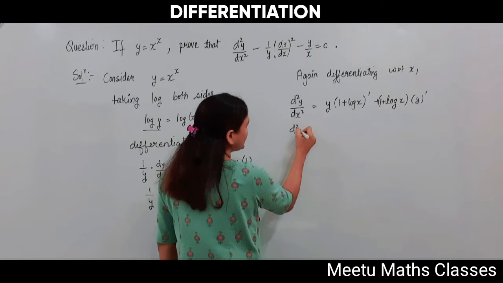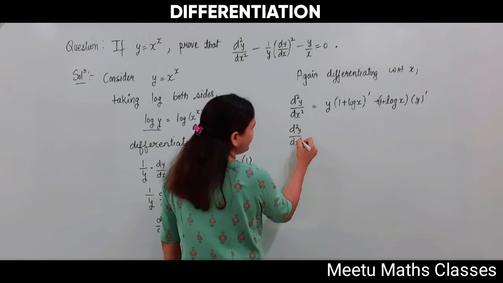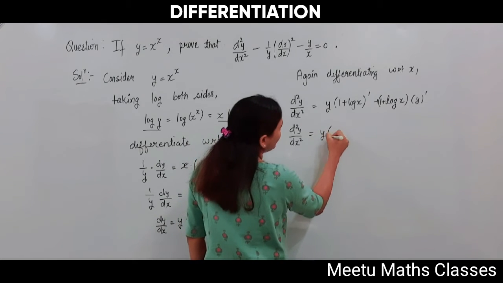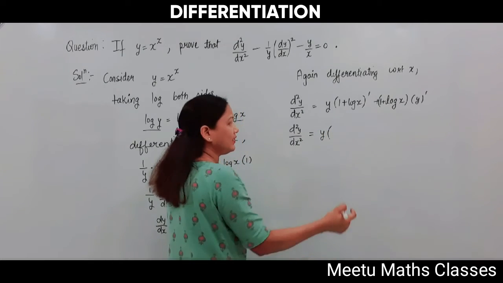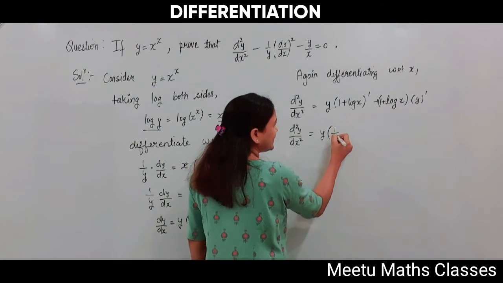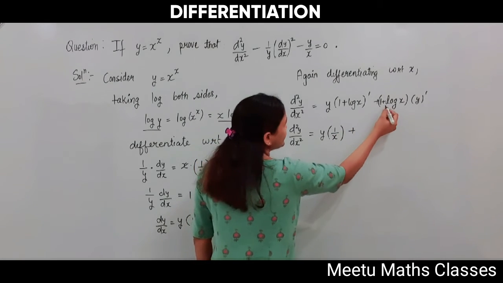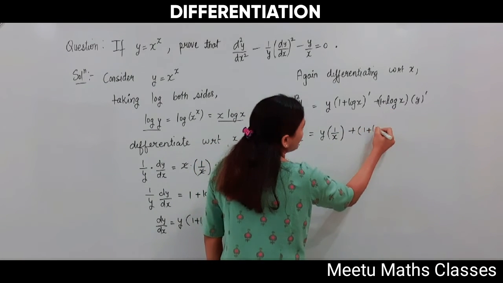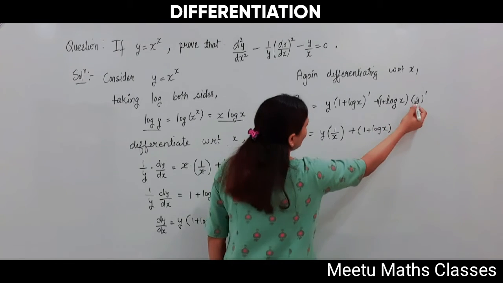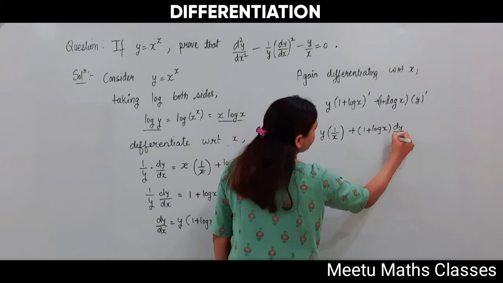So d square y by dx square is equal to y into 1 का derivative 0 and log x का derivative 1 upon x plus 1 plus log x into dy by dx.